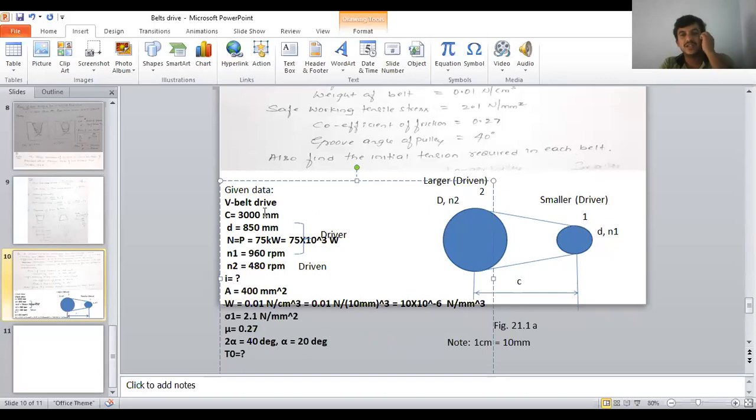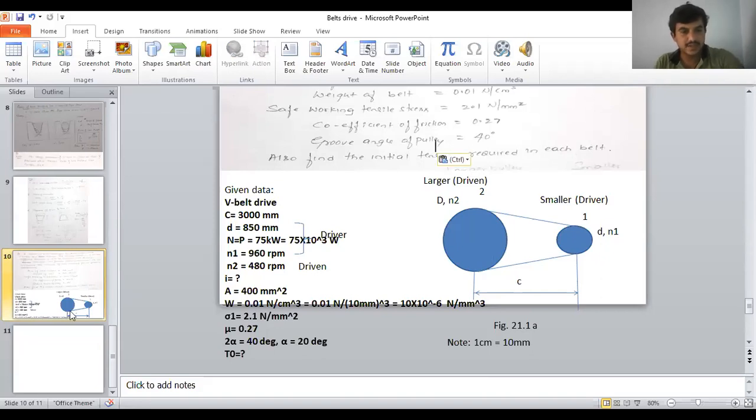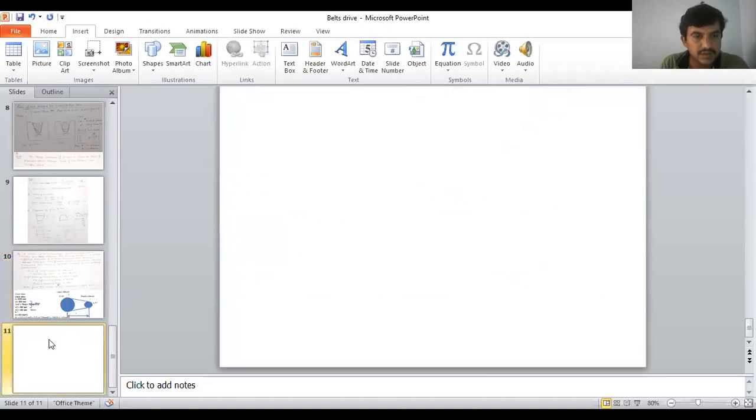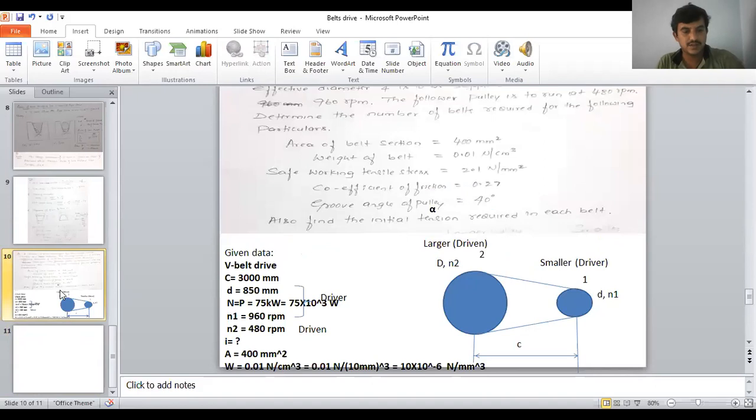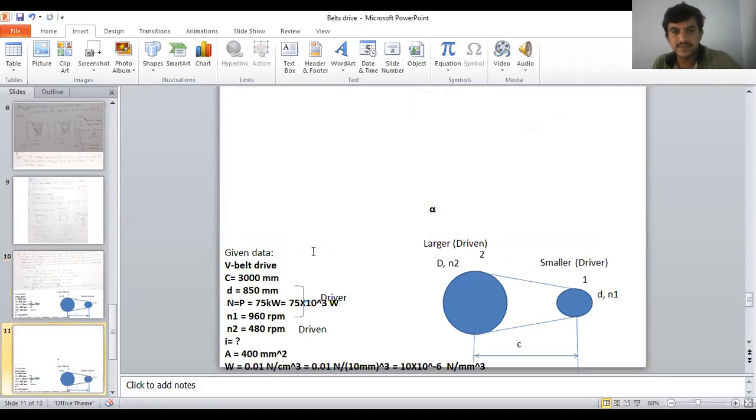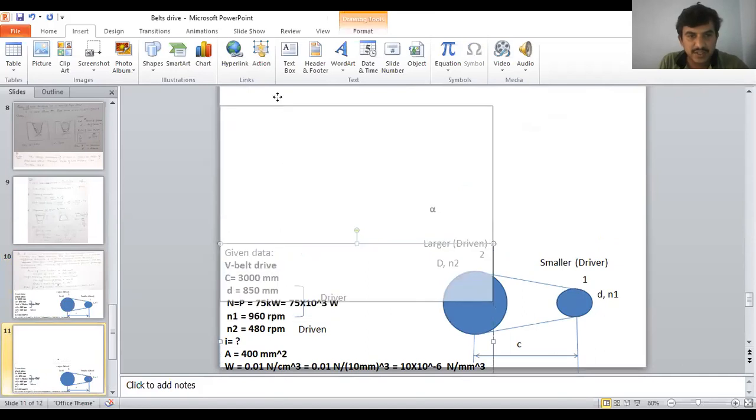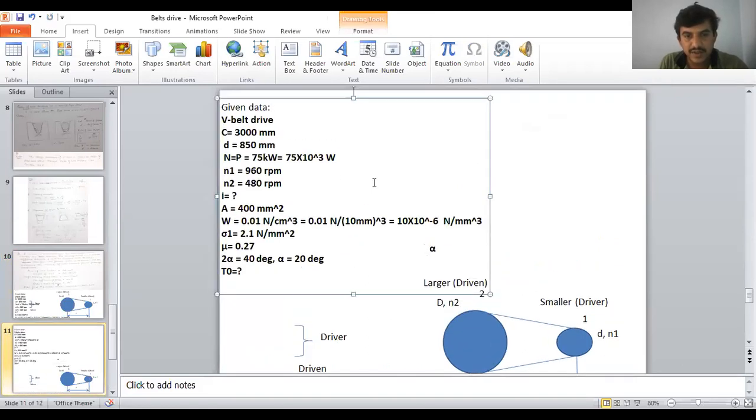Now we'll go for solving this problem. Any doubt regarding the given data?